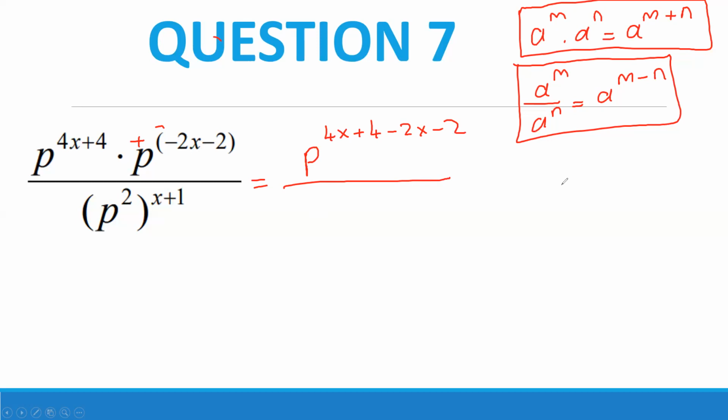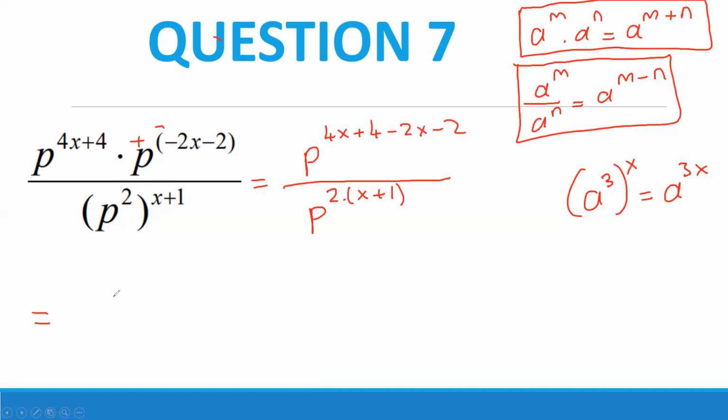Another rule we should use: if you have, for example, a power 3 and then you have x here, how are you going to write this? a to the 3x. You just multiply this time, you are not adding 3 plus x, it is 3 times x. So this same thing, 2 times x plus 1, so p power 2 times x plus 1. Using this way, and let's say equals 4x minus 2x.